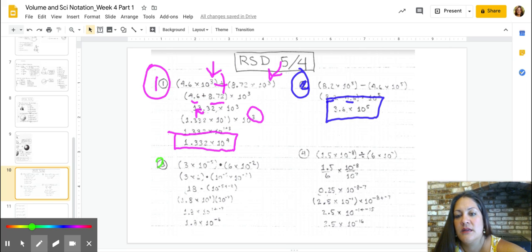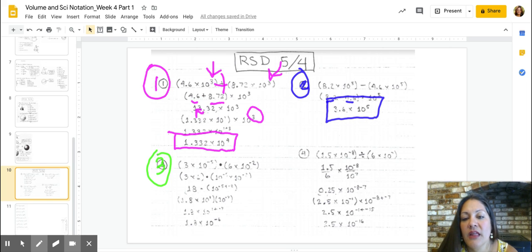Number 3. 3 times 10 to the negative fifth times 6 times 10 to the negative second. So right here, with them being multiplied, I know that I'm going to add the exponents. Okay, so here we have 3 times 6.